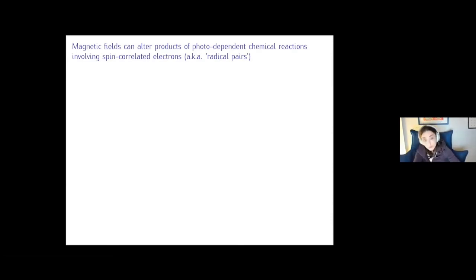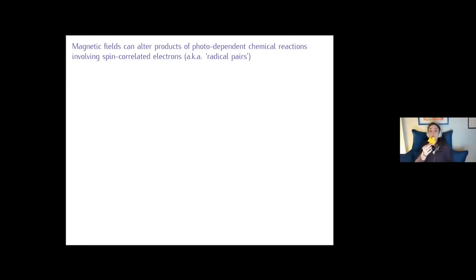So I hope you agree with me that those two spins need to start in a singlet state. Well, singlet states, sometimes we forget, are spin correlated, are entangled. So it's in this sense that this mechanism depends on entangled electrons.